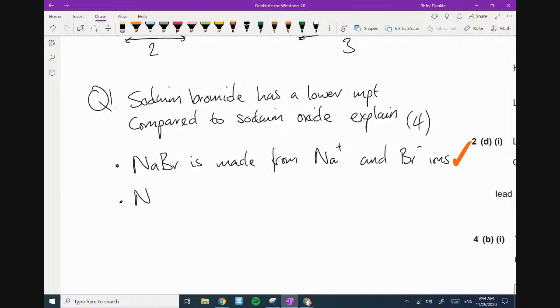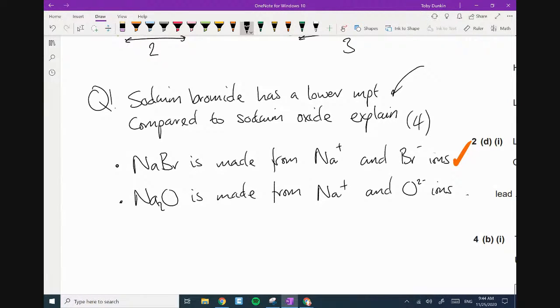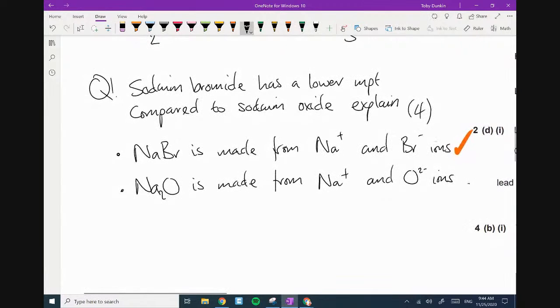Na2O is made from, you could have written the words if you wanted, by the way, Na+ and O2- ions. You've got to notice that in the question, they didn't tell you what the ions were, yet that's the first step in the answer. Can you tell them what the ions are in these compounds?